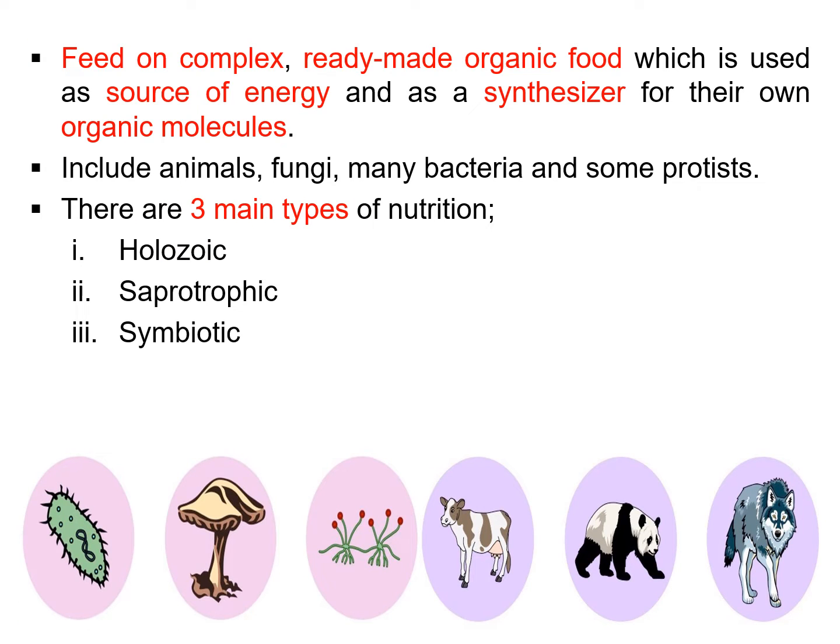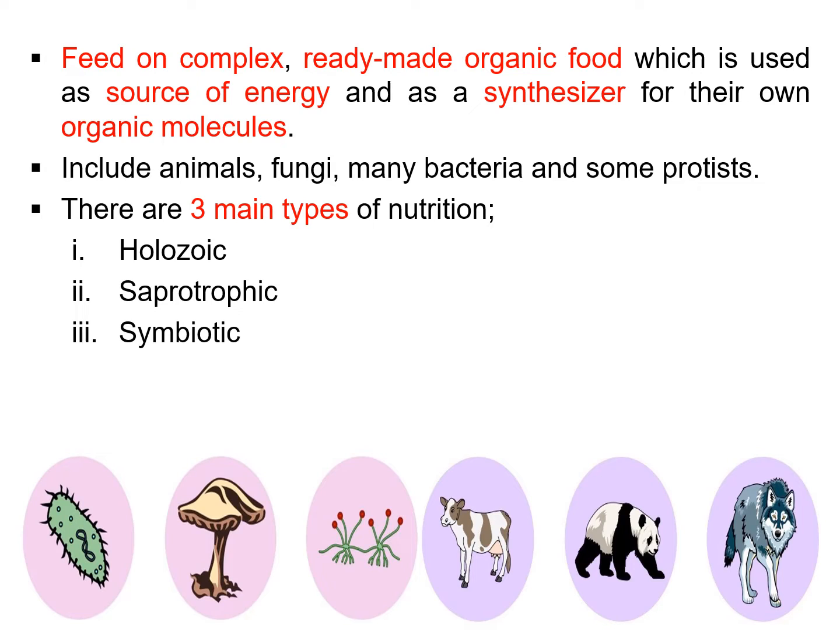Heterotroph organisms also feed on complex, ready-made organic food, which is used as a source of energy and as a synthesizer for their own organic molecules. This includes most animals, fungi, bacteria, and some protists.